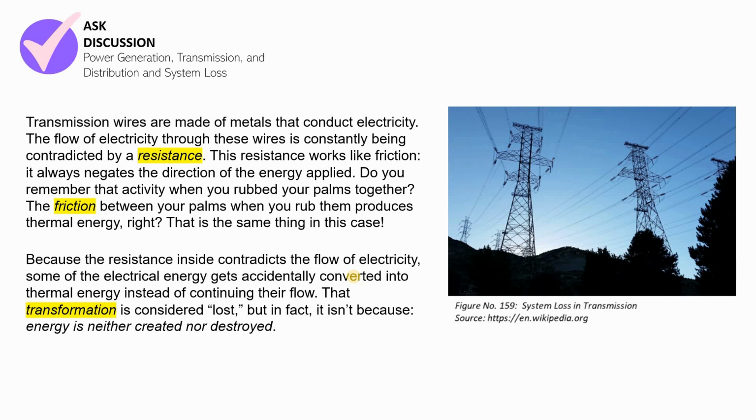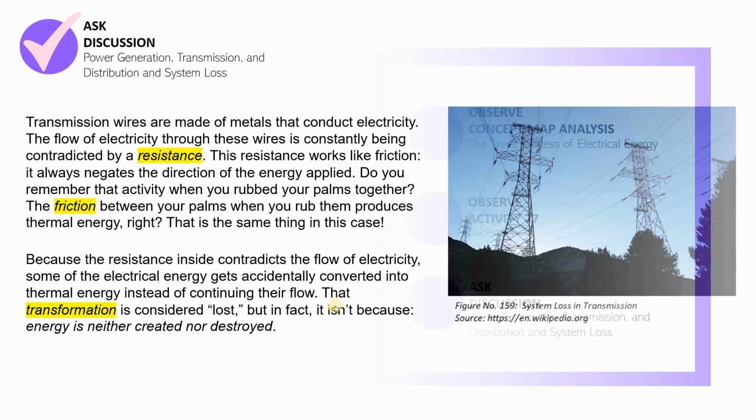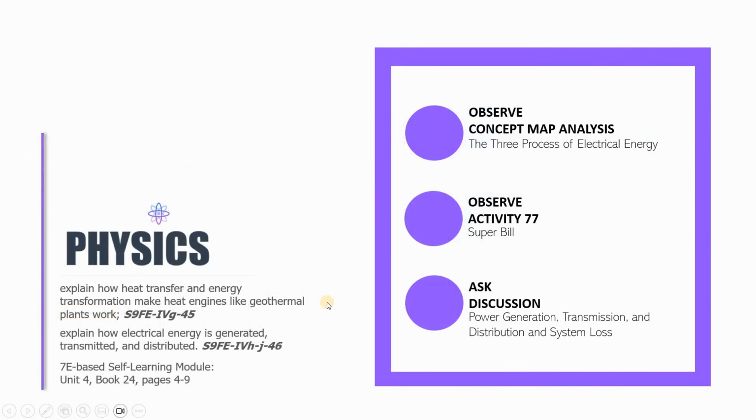So kung sobrang layo ng bahay ninyo at in that case sobrang haba nung line that connects you to the last consumer of electricity in your community, then that means tataas din ang iyong system loss charge, kasi the electricity is going to travel from that point to your house, and along the way may mga electrical energy na nako-convert further into thermal energy. Okay, so it's gonna result again to high system loss charge.